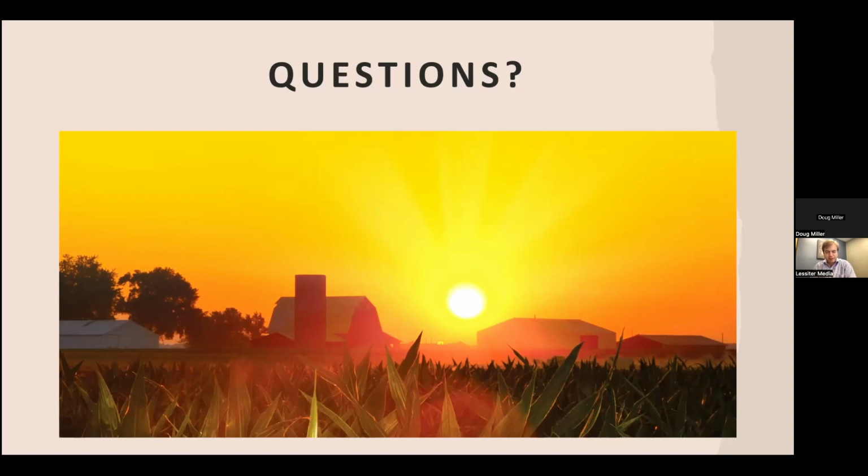All right, we have several questions pouring in. How will a legume cover crop change available nitrogen in a positive way? Yeah, legume cover crops are great because they will help provide additional nitrogen.